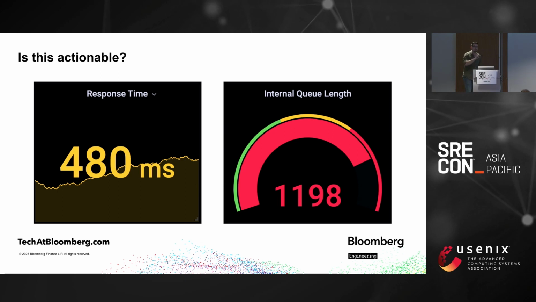The point here is that context matters. So maybe we know that this is normally bad, but not at noon on Thursdays or every second Tuesday of the month. But how would our users know that? You might say that this is actionable because to you, you can take action. But if the users can't, they don't need to see it. Remember that.